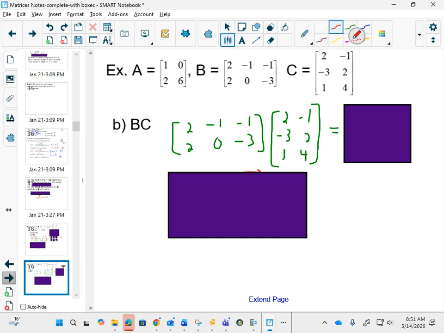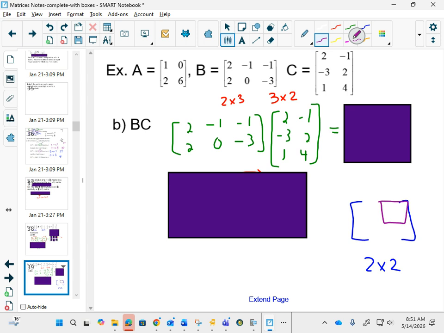For example, this is 2 rows, 3 columns. This is 3 columns, 2 rows. My answer, I'm not going to make appear, is going to be a 2 by 2. I'm going to figure out this spot right here.